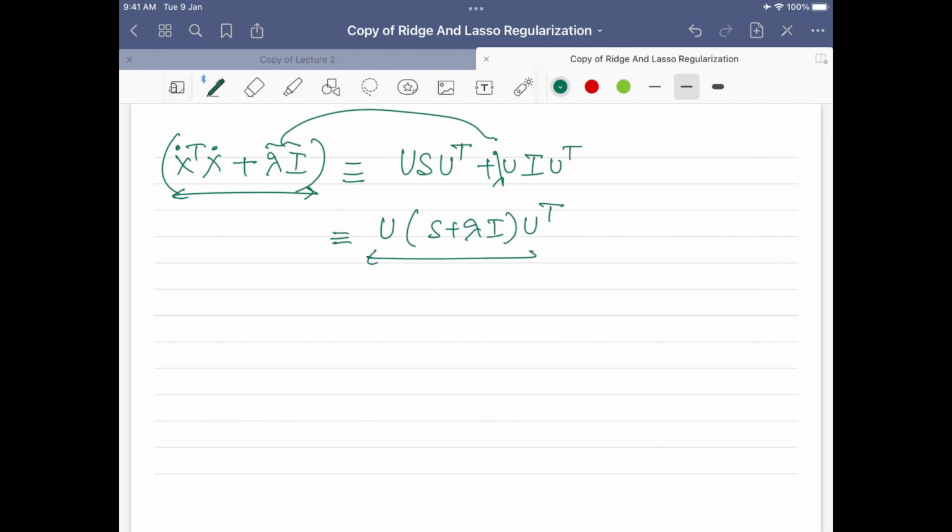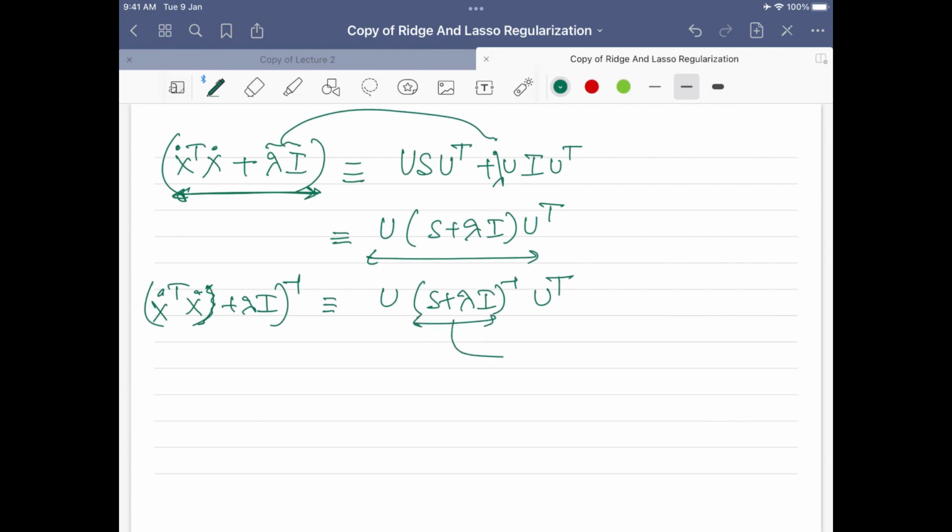So this is basically your modified eigenvalue decomposition for this modified matrix. And now if I take the inversion of this, it will be (S plus lambda I) inverse, U transpose, and the elements of this will be now 1.